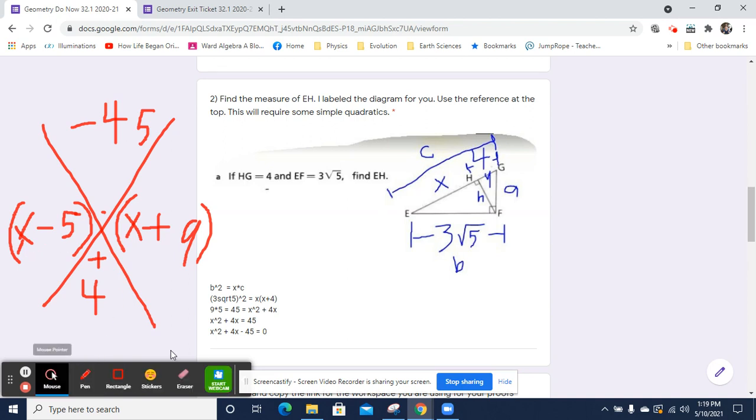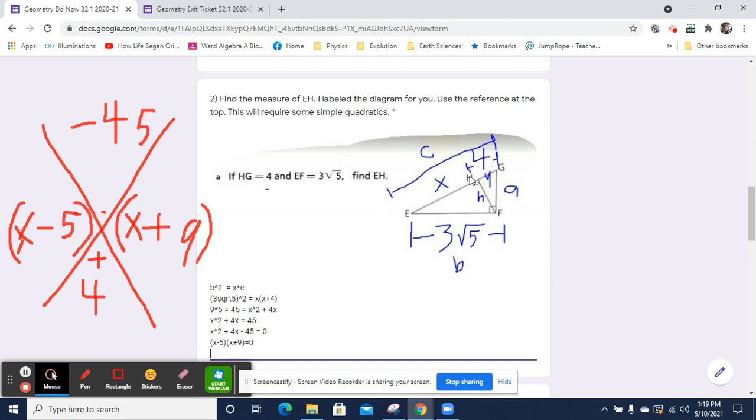And they equal 0. So we have x minus 5 times x plus 9 equals 0. If that's true, then x could be 5, because if x was 5, 5 minus 5 would be 0, and this whole thing would equal 0. Or x could be negative 9, because negative 9 plus 9 would be 0.